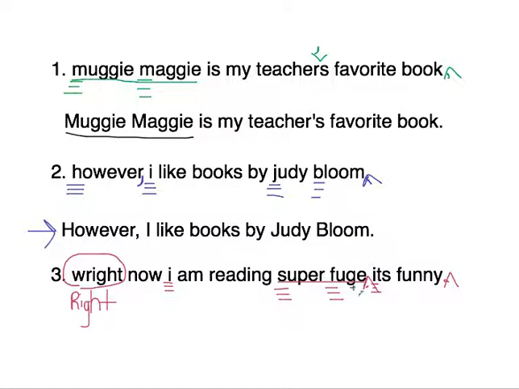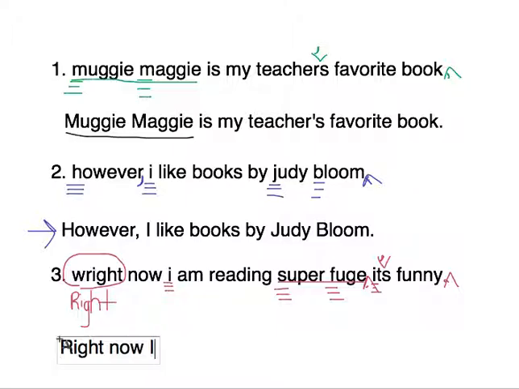But it's is a contraction for it is. When you say it's funny, it is funny. So that means I need to put an apostrophe, there we go. Perfect. So now I can rewrite my sentence with all these corrections. This sentence had a lot of corrections.